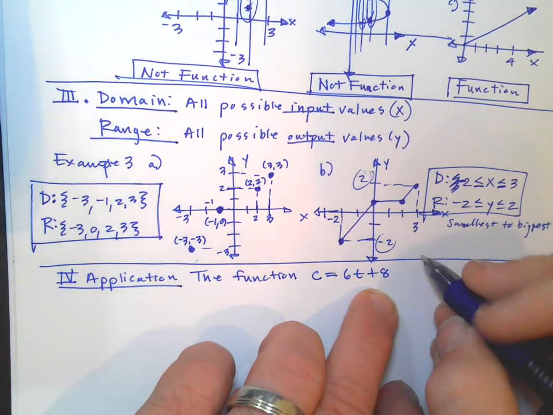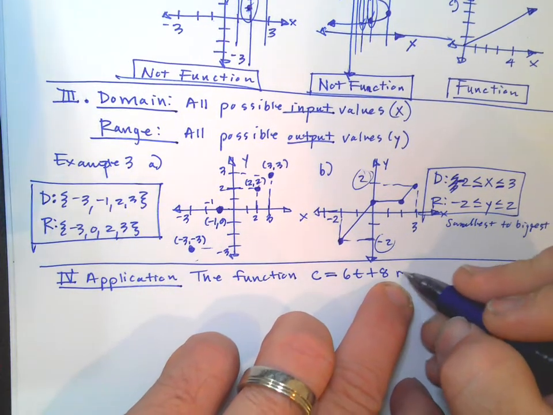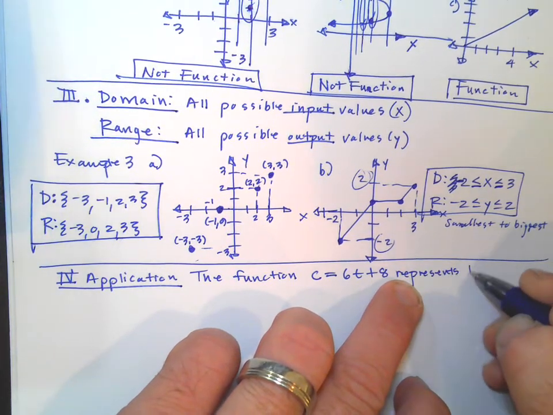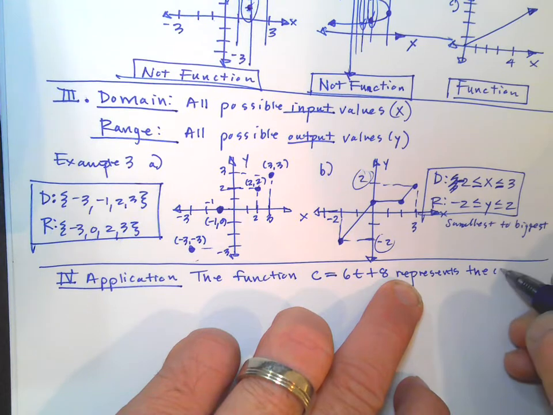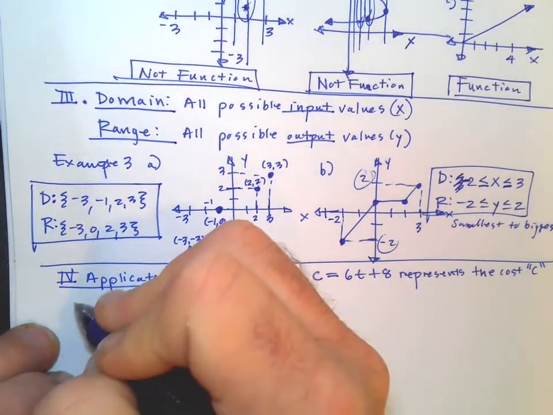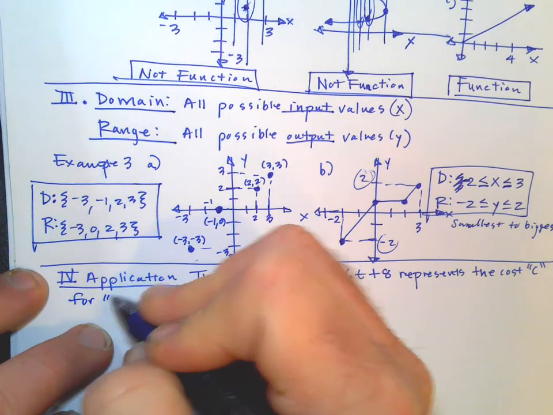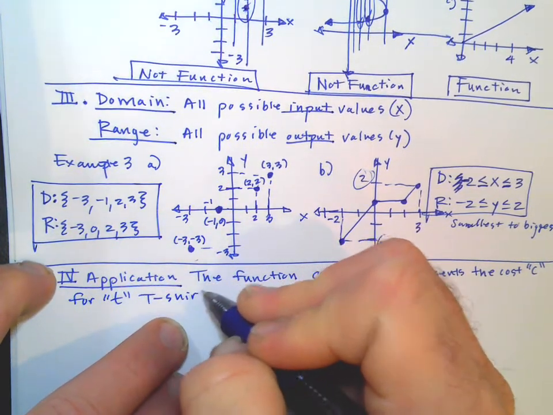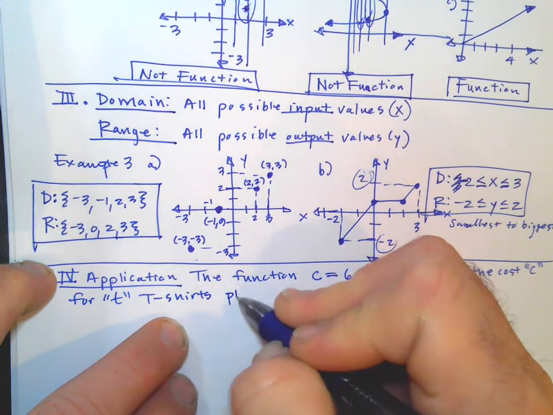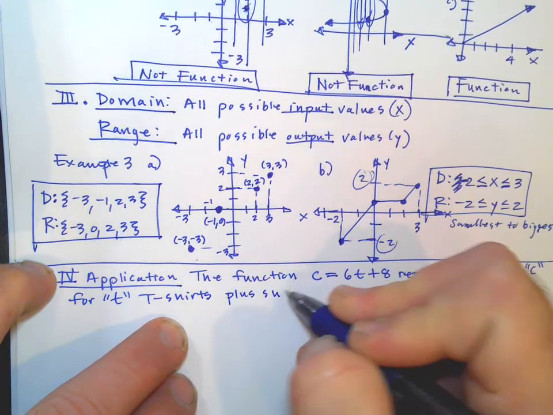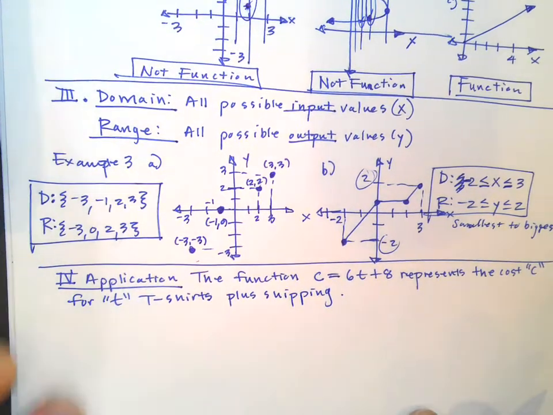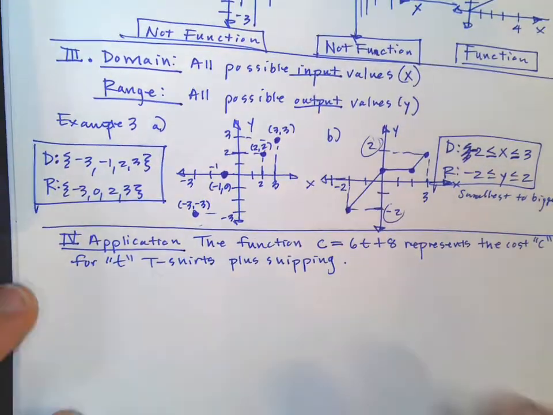Okay, 6t plus 8 represents the cost c for t-shirts plus shipping. Okay, so this is our word problem here.